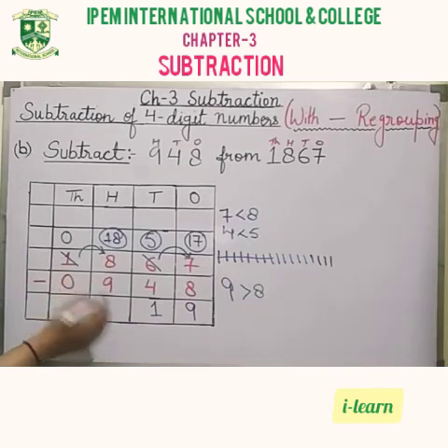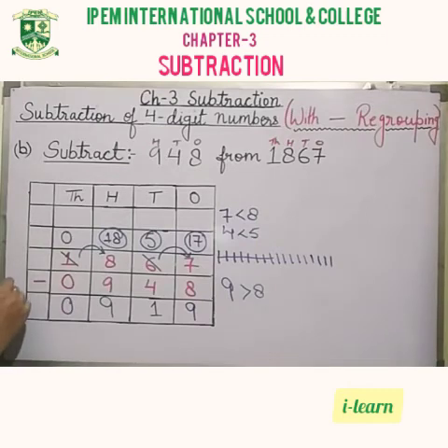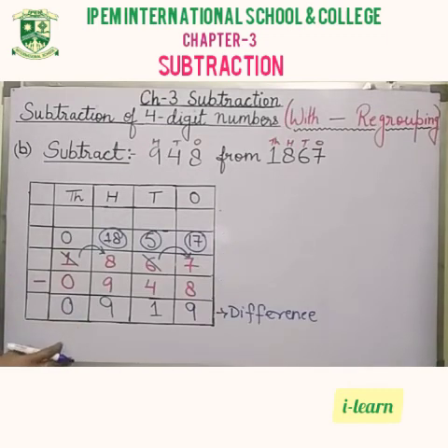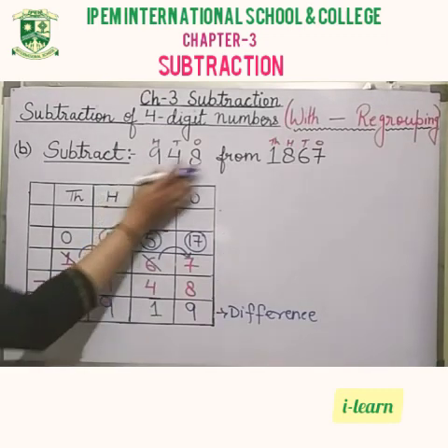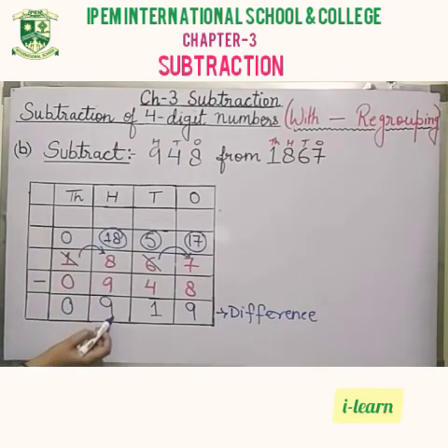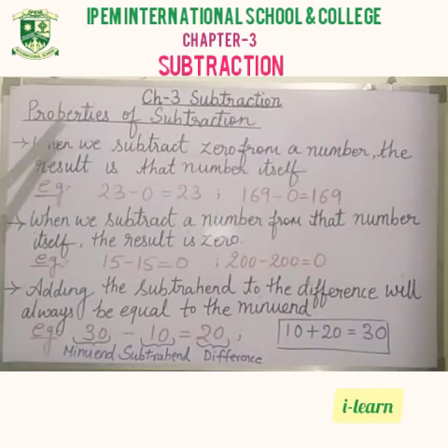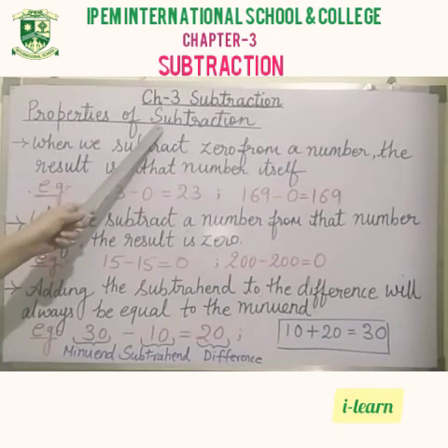Now 18 minus 9 is equal to 9, and the 0 minus 0 will remain 0. So what is the difference which we get after subtracting these two numbers? The difference is 919.